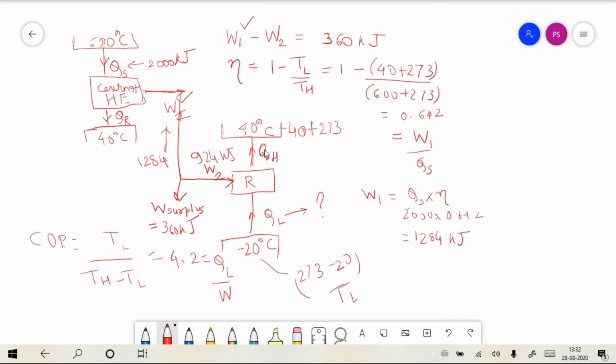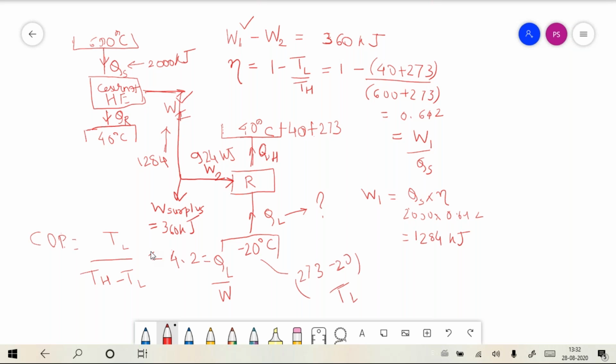So please ensure that you can calculate the refrigerating effect by first calculating the maximum COP as TL upon TH minus TL, and then using the generic expression for COP, which is QL upon W, the refrigerating effect upon the work input.